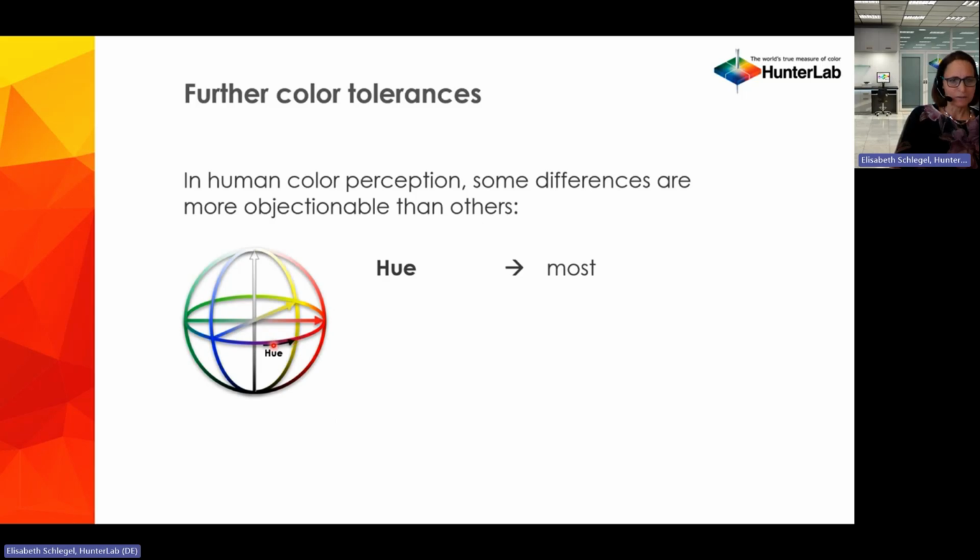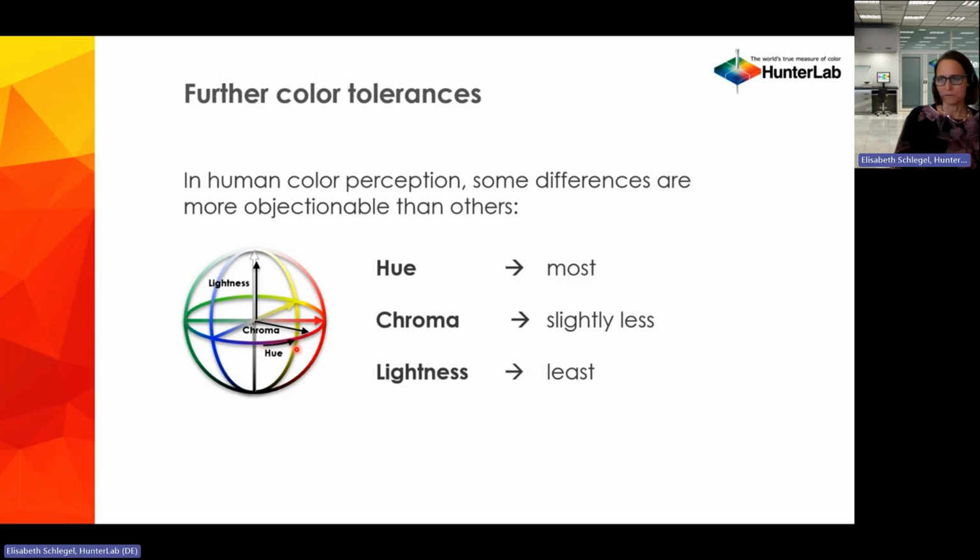So if the hue is changing, you see it very fast. The chroma, so the saturation, is slightly less objectionable here. And the lightness is the least objectionable here. That means if a color is changing in lightness or brightness, I don't perceive it as fast as I do for the hue, for example.